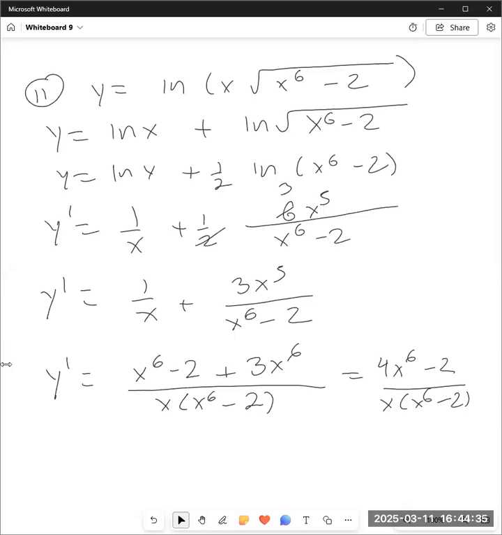So let's look at number 15. 15 says y equals natural log of the cube root of x minus 1 over x plus 1.